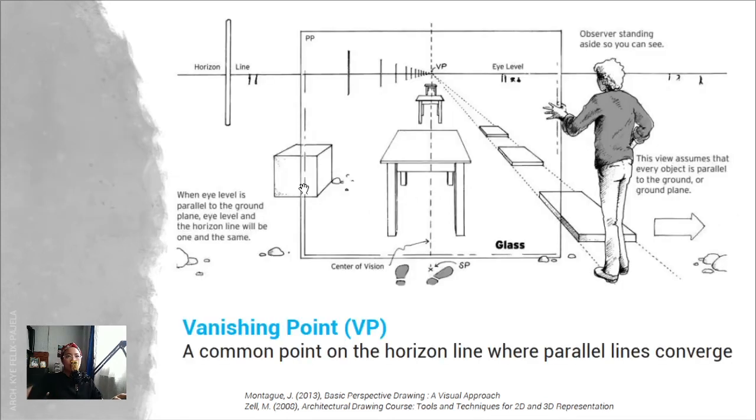Okay, so here we can see this point is called the vanishing point, or VP, as labeled. It's a common point on the horizon line where parallel lines converge. In real life, this table is level, not angled. So, we can assume that this tabletop is rectangular in shape.